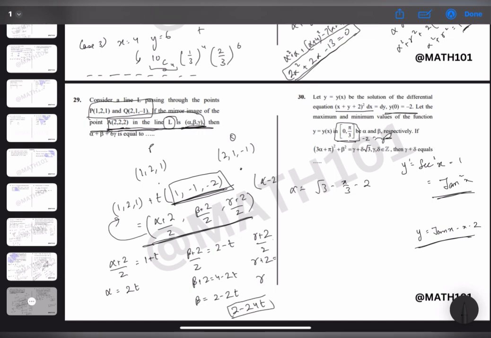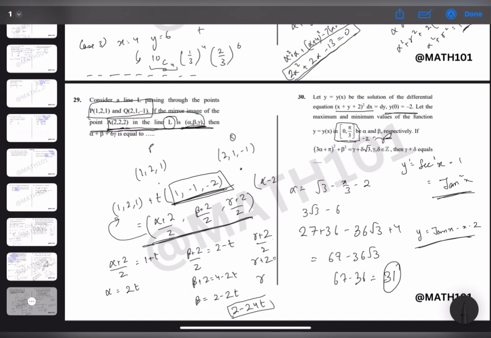So 3 alpha plus pi is 3 root 3 minus 6. That squared is 27 plus 36 minus 36 root 3, and beta is minus 2, so beta square is 4. This is equal to 67 minus 36 root 3. Then 67 minus 36 is equal to 31. So the answer is 31.